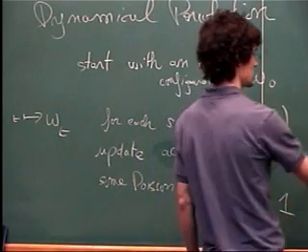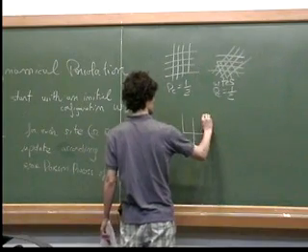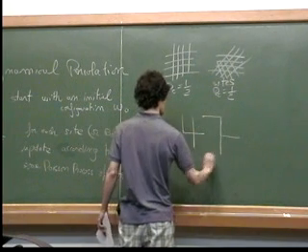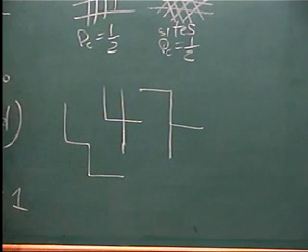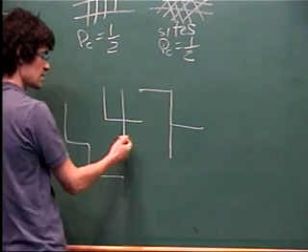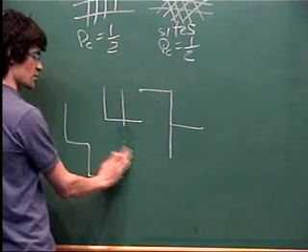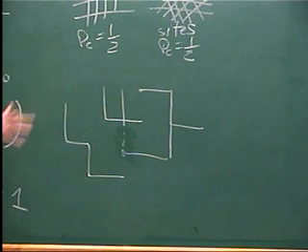So let's say if the configuration at the beginning is something like this, and you start the dynamic, you look at this edge, and maybe after some time it will disappear. Maybe this one will appear, and you will have something moving like this.